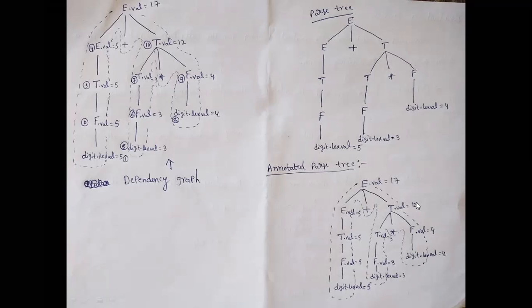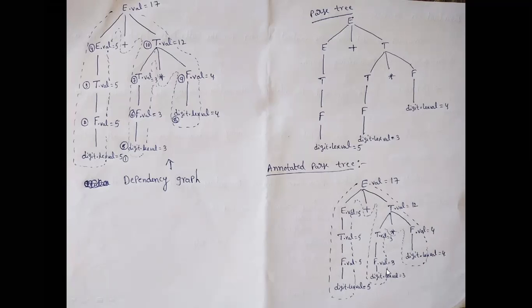T dot value is not available yet, so only then do we move down, and this F dot value is replaced by digit. So this one is replaced with this one and star. Again we move. Finally T dot value, so T star F. So 3 into 4, that is 12. Finally 5 plus 12, that is 17. So this is the annotated parse tree.